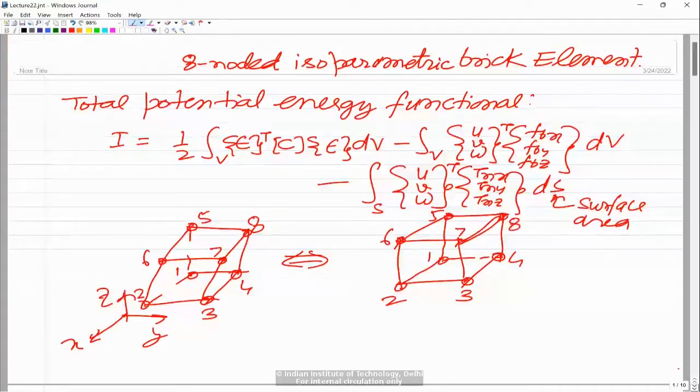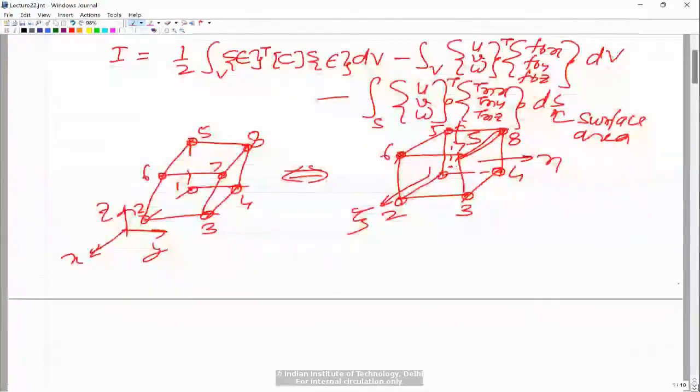The origin is at the center of this cube. So this is eta, and from this surface you have xi, and then from this surface you have zeta. These are the coordinate axes, and in the last class I had written the interpolation functions, so I'm not repeating that again.